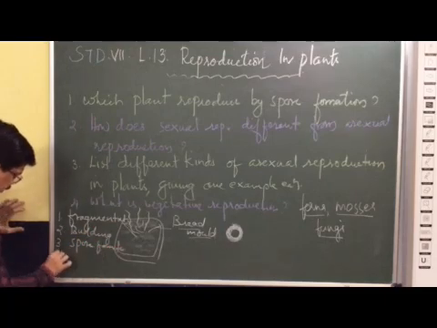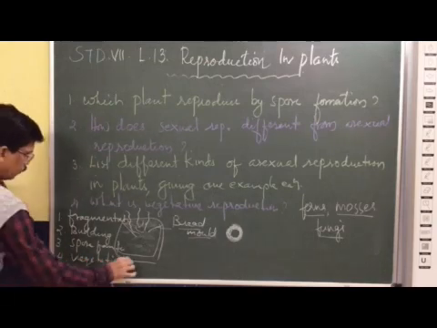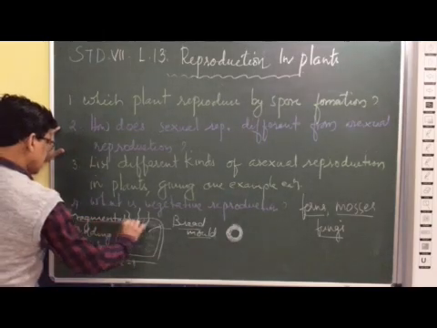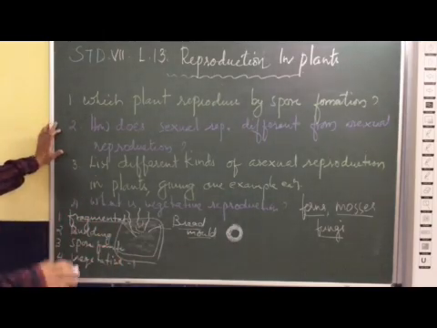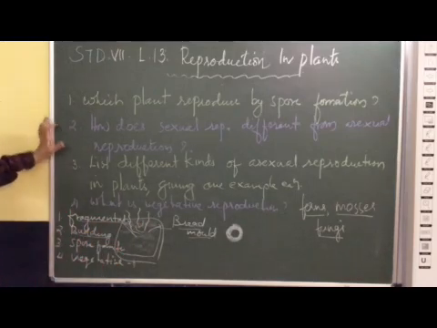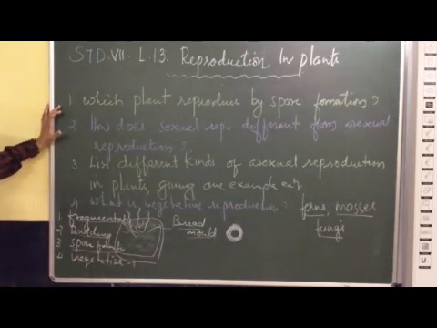And the fourth one you can see is vegetative reproduction. So these are the four types of asexual reproduction in plants. Fragmentation you can see in Spirogyra, an alga. Then budding you can see in yeast and hydra. Okay. Spore formation you can see in bread mold.